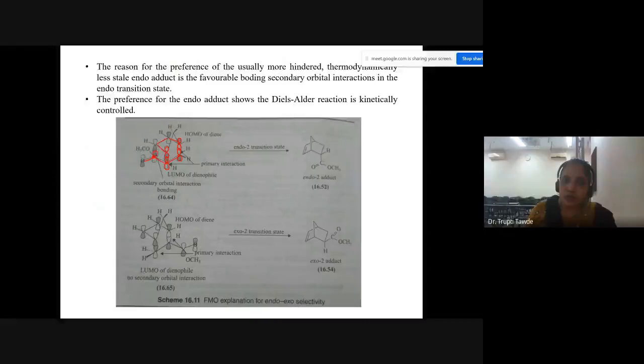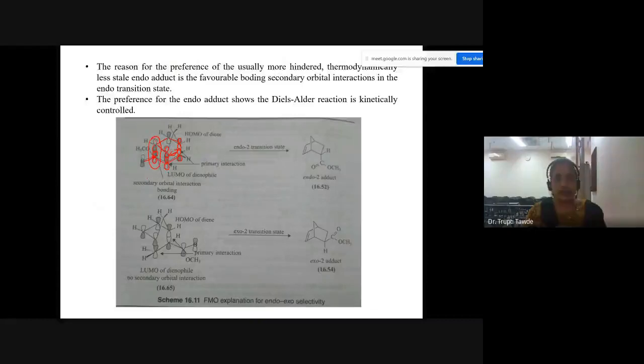This carbonyl group is also creating few interaction. ये वाला जो interaction तुम्हें दिख रहा है, this is your additional interaction. Now this additional interaction is a secondary interaction. What is the secondary interaction? It can be hydrogen bonding, it can be dipole dipole interaction, so it can be anything else but not a chemical bonding. ये जो यहाँ पे हो रहा है ये chemical bonding है, देखो ये primary interaction है.